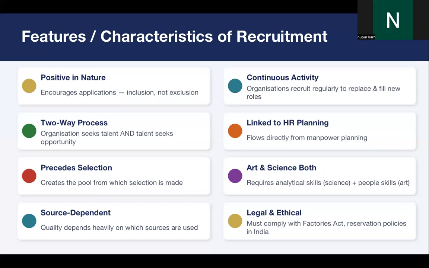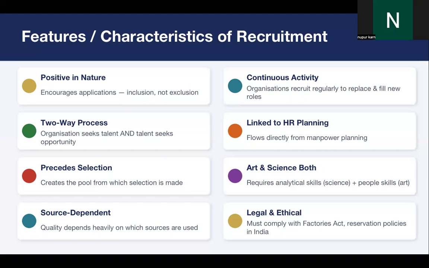It's a two-way process. It means that candidates also require a job, and your organization requires candidates for that job. So it's a two-way process. The organization seeks talent and the talent seeks opportunity. So they both complement each other.